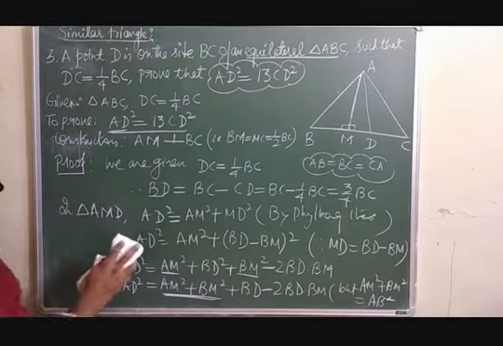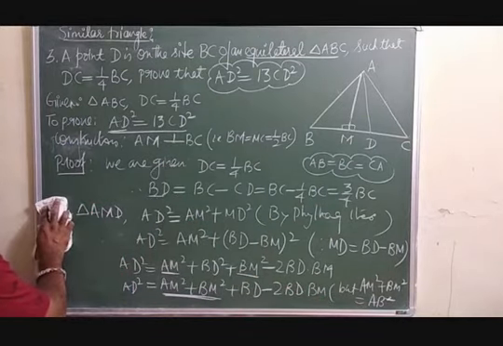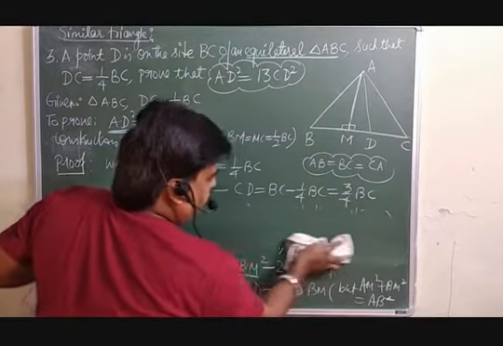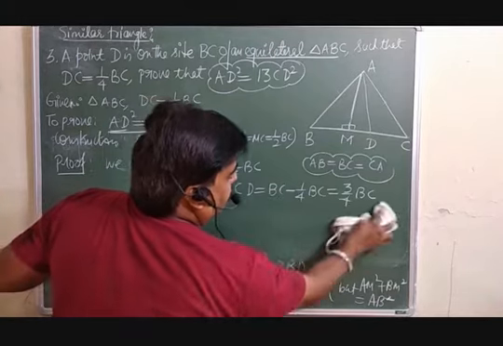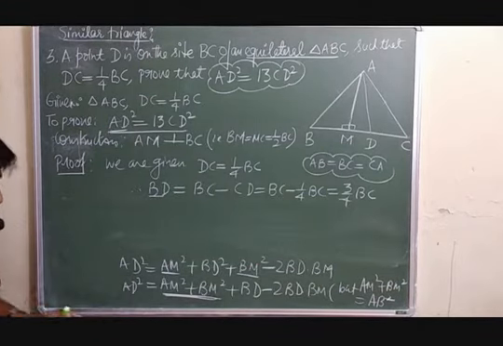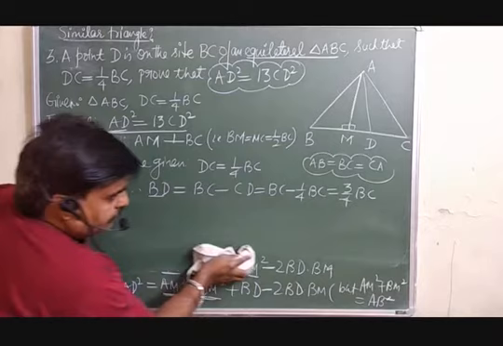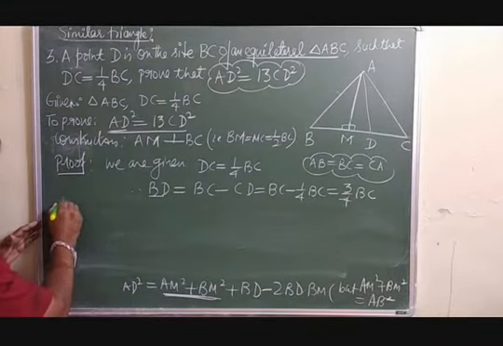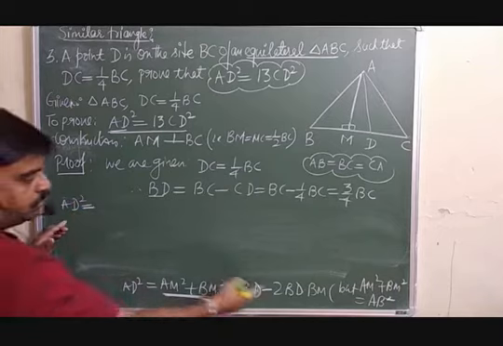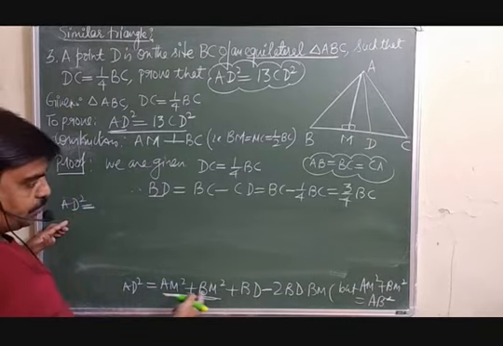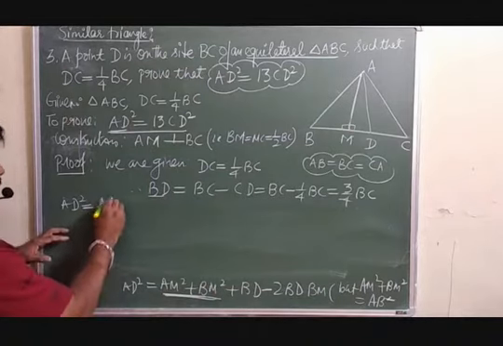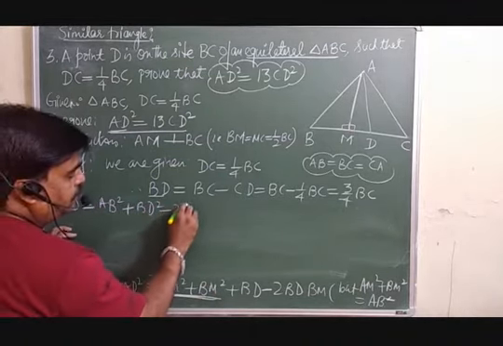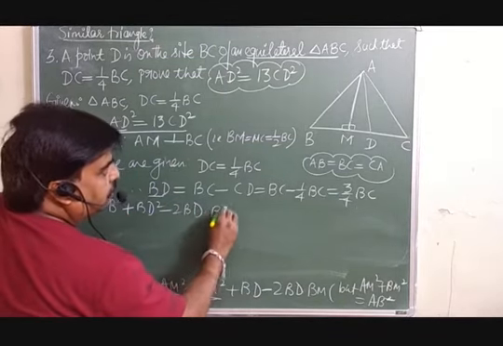So now look here. You will get AD square is equal to AM square plus BM square, which is AB square, plus BD square minus 2 BD into BM.